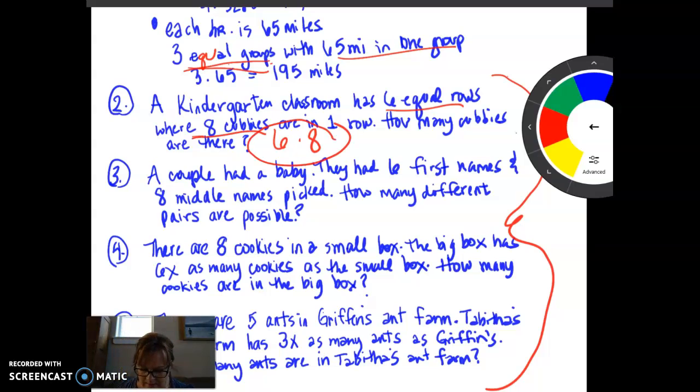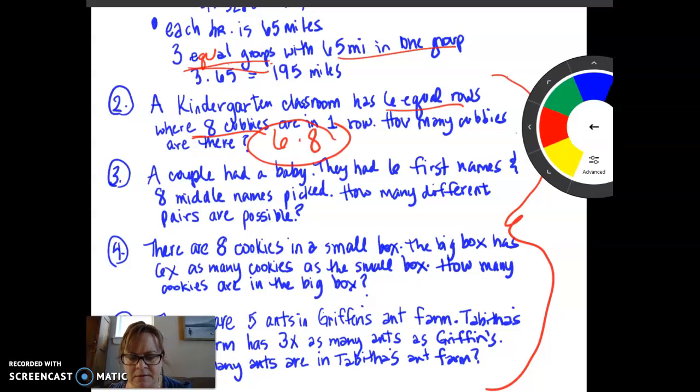All right, in the third one, we're asked to write an ordered pair problem for 6 times 8. So here is the ordered pair problem I came up with. A couple had a baby, and they had 6 first names and 8 middle names picked out. So how many different pairs of names are possible, assuming they're only going to use 1 first name and 1 middle name?